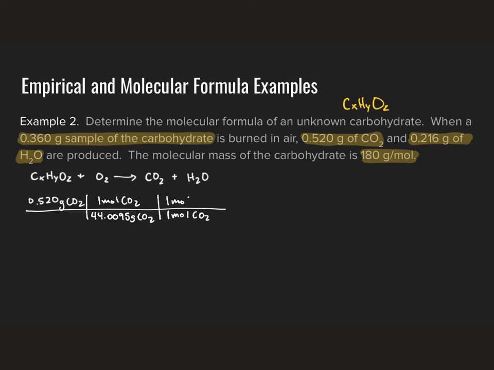Please make sure that you're careful in your unit analysis to get the exact value we're looking for, in terms of moles of carbon, not moles of carbon dioxide, even though the values are equivalent to each other here. So I'll multiply this out, cancel out my units, and we see that I end up with a value of 0.0118 moles of carbon present. I'm going to save that value. We're going to need that for our molar ratios later on.